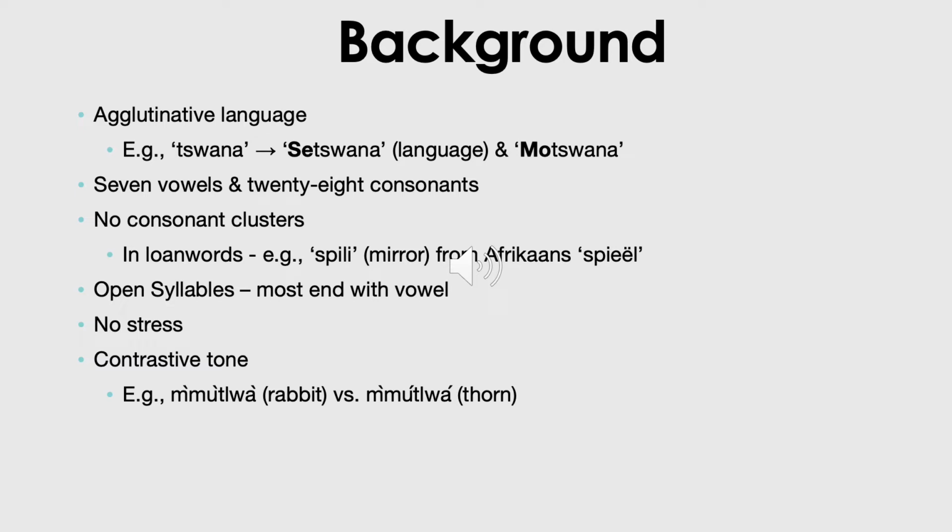For instance, the root Tswana can take on different meanings depending on the noun class prefix. If we add prefix se, it becomes Setswana, the language. And if we add singular prefix mo, it becomes Motswana, which can be used to refer to a Setswana speaker or a citizen of Botswana.